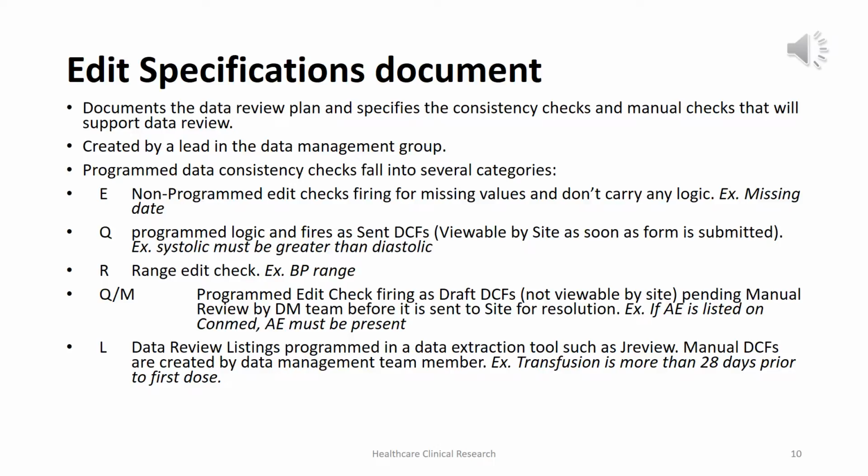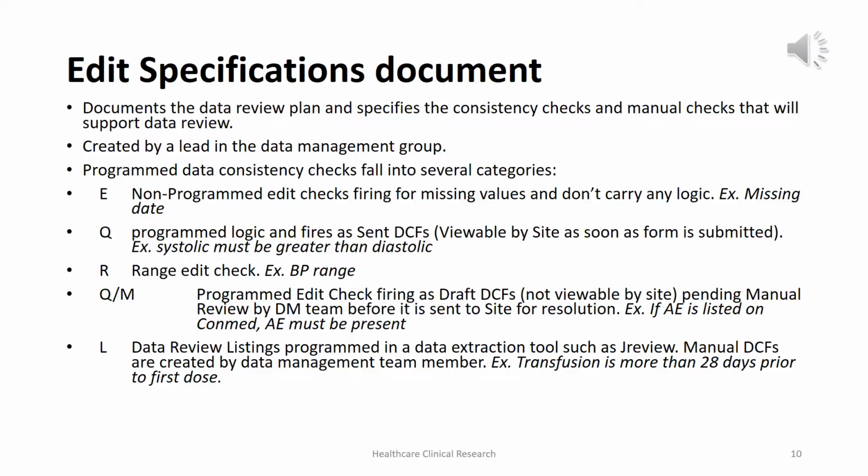And then the final category is the listings category. These are data review listings that are programmed in some type of data extraction tool, such as JReview or some other report writing tool, that's extracting data out of our database, that someone in our data management team then evaluates and reviews and determines if a query needs to be sent for further clarification.